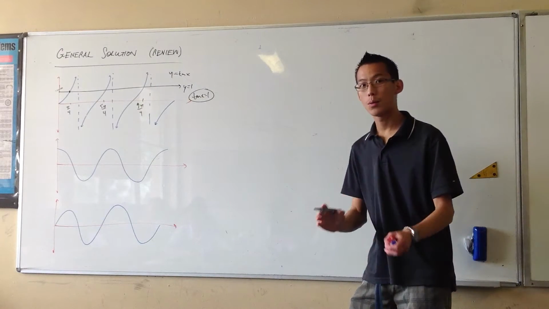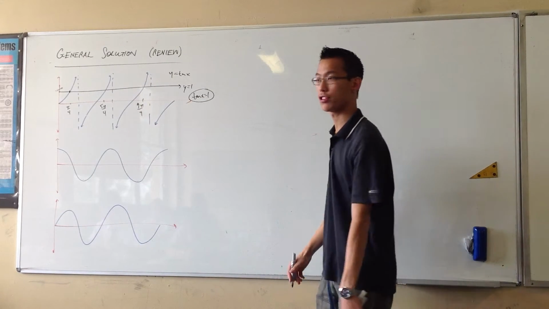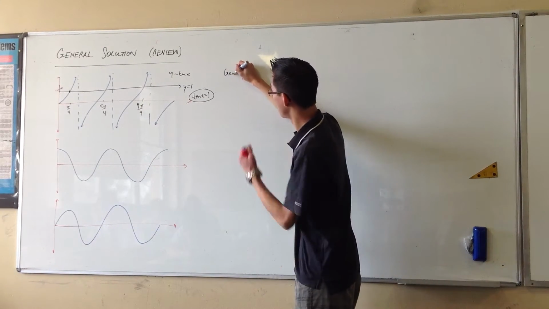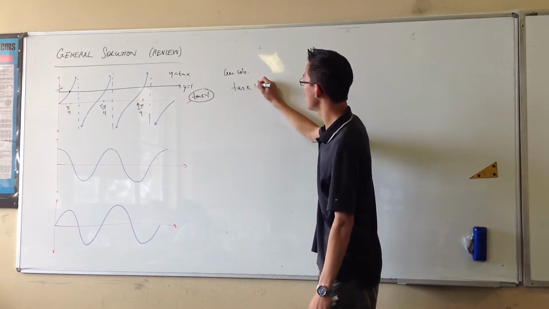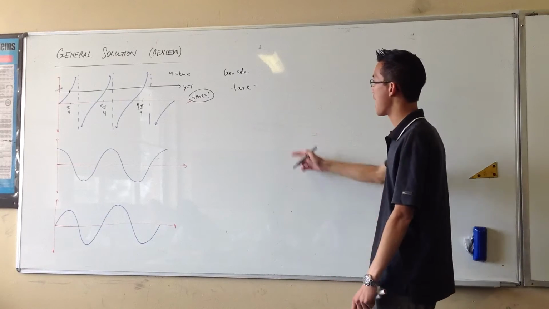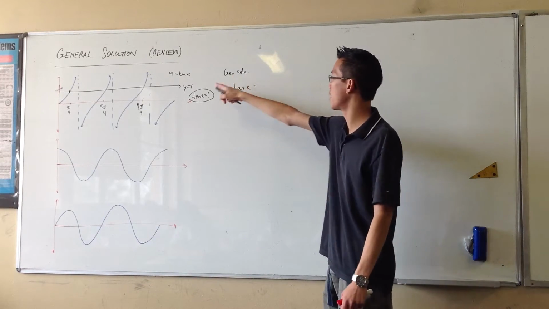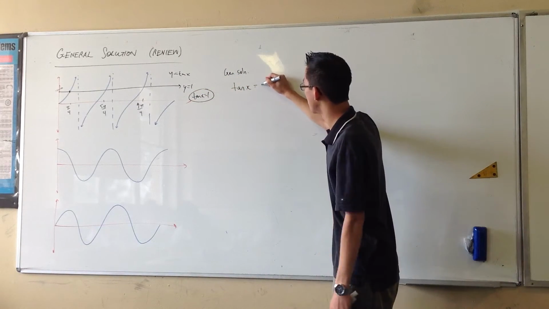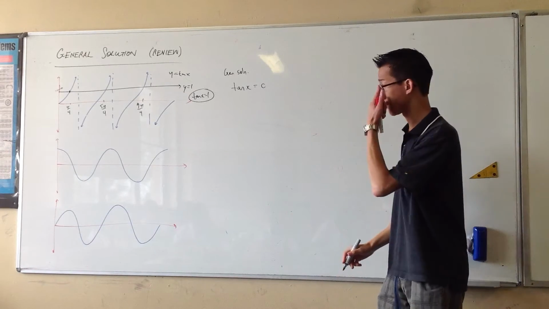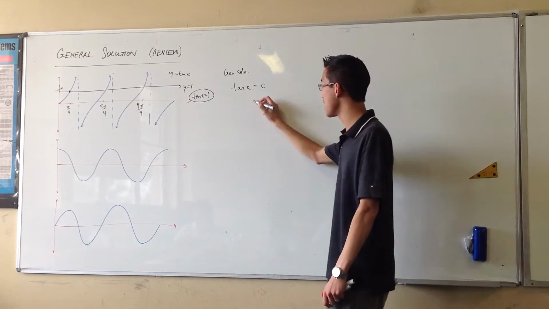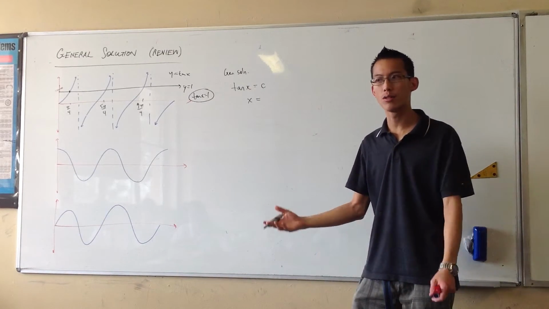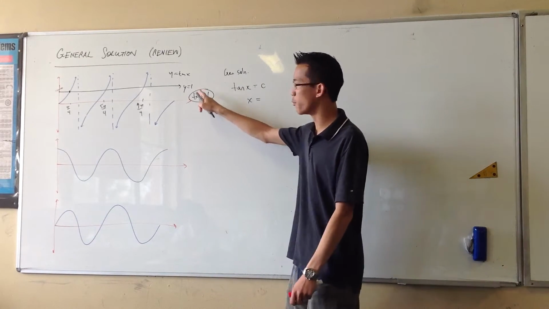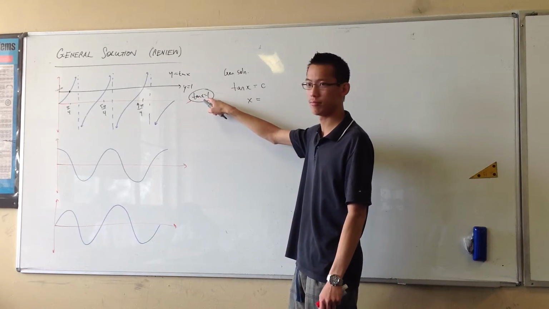Okay, so we said the general solution for tan x is equal to, and then we had a number here, any number, so our number here was 1. But if we call it, say, c, we said that x is equal to, well, you start with the base angle, whatever angle you work out, and that angle pi on 4 comes from this angle here.